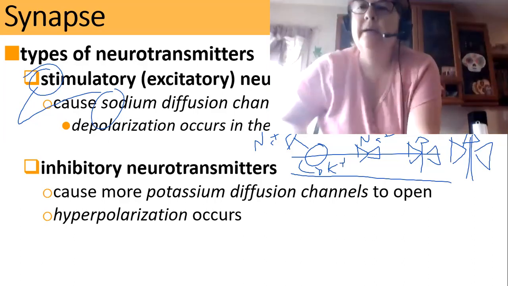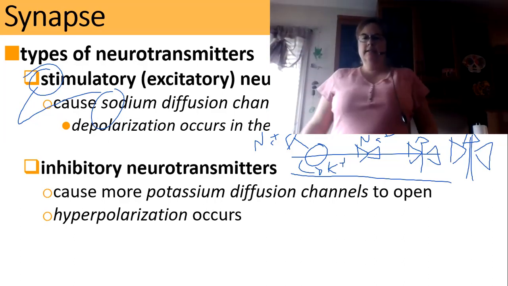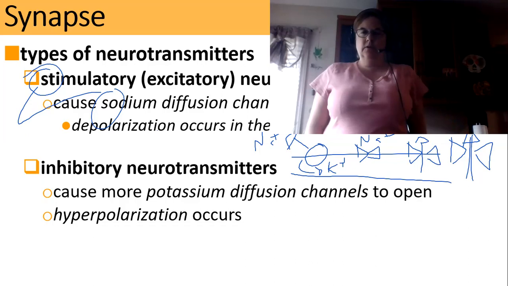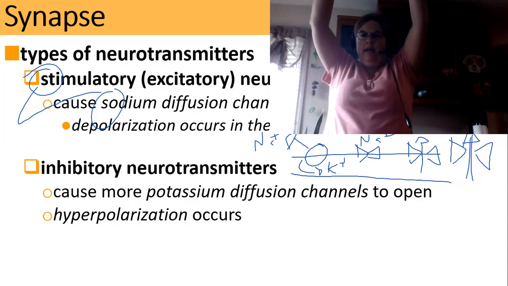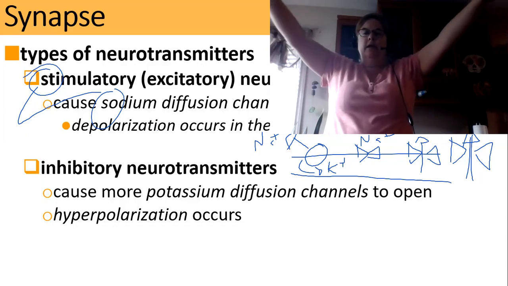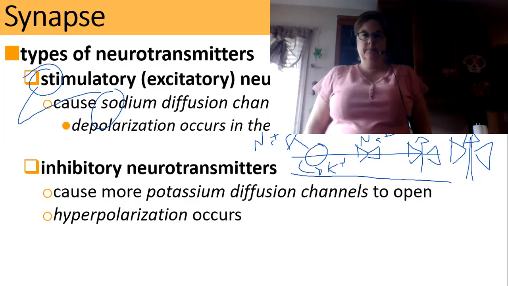So remember we talked about how polarized is our resting state, right? So when we're polarized, we're resting. And then when we get stimulated, it's depolarized, right? And then we're recovering, getting back to polarized.